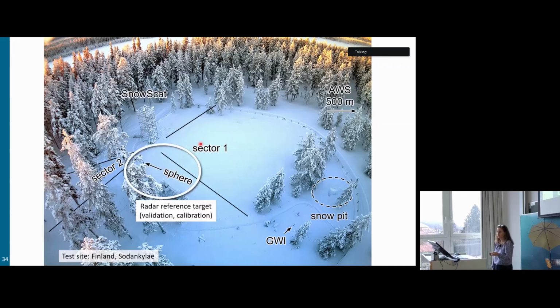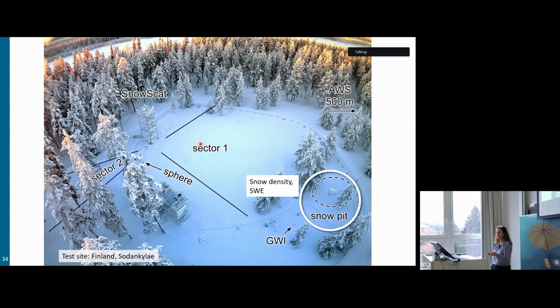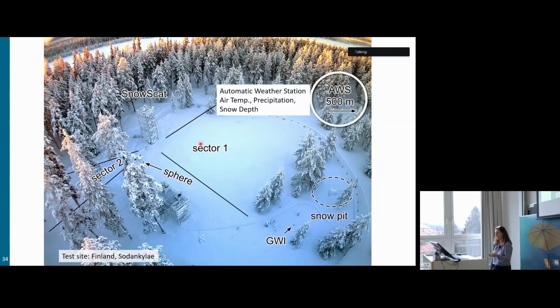And that's the corner reflector or sphere, which in principle calibrates the data. So that's a radar sphere for calibration. Then there is a reference data station for water measurement, called the Gamma Water Instrument, which estimates the snow water equivalent, SWE, which is a key parameter. We also have some snow pit measurements, where they dug into the snow and estimated SWE by hand, taking snow samples and weighing the water column in grams.